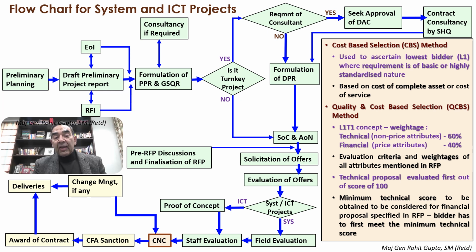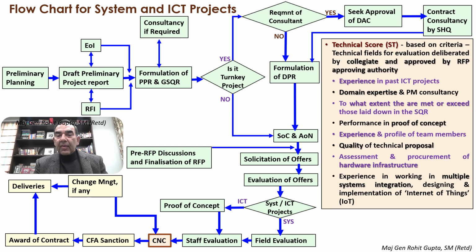He goes on to the next stage of analyzing his financial bid only if he scores the minimum technical score, otherwise he does not go ahead. This technical score, abbreviated as ST, is based on a criteria. All the technical fields for the evaluation are deliberated by a collegiate and approved by the RFP approving authority, and as I said, it is included in the RFP.